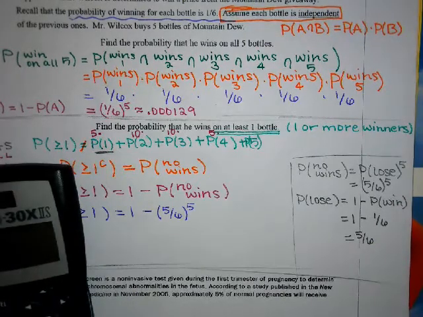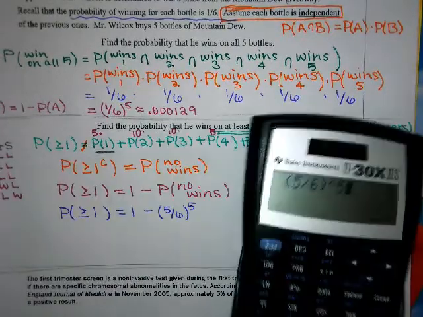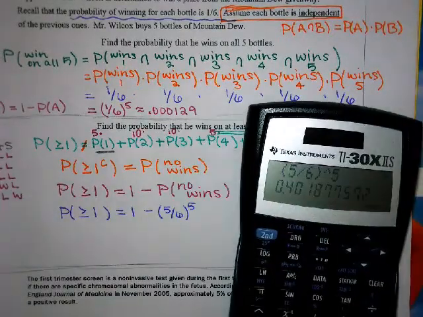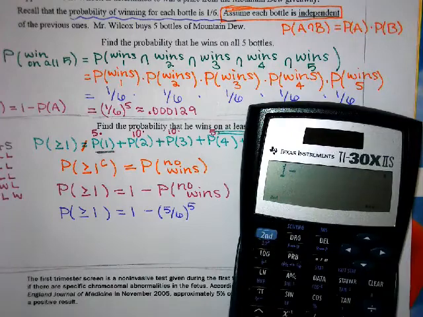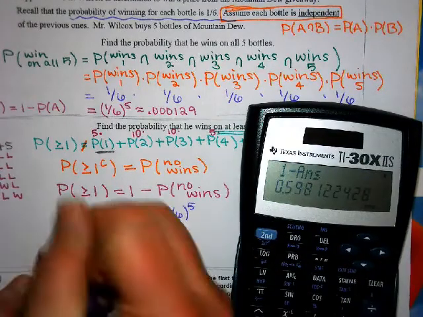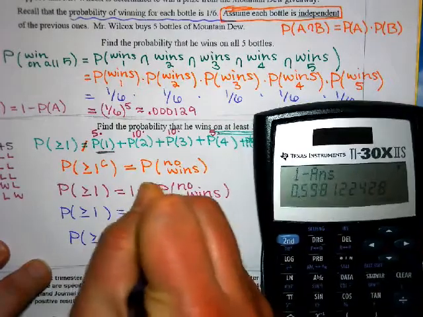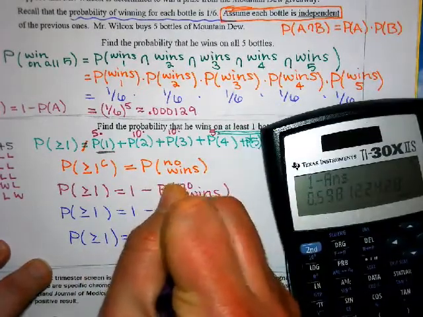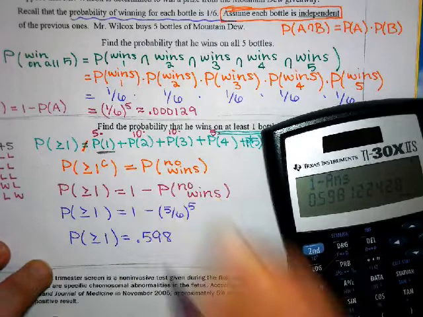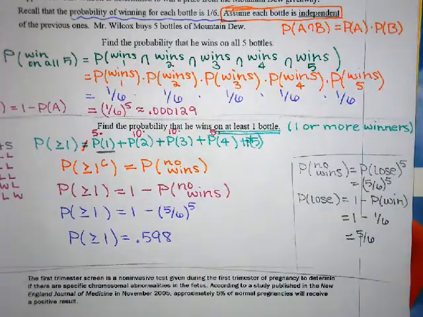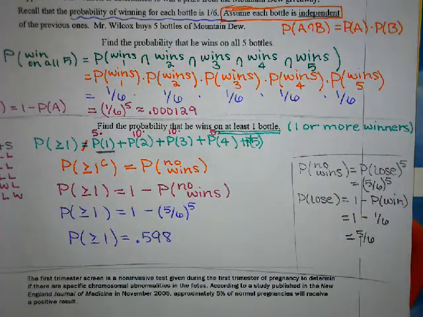Should probably put that where you can see it. And then 1 minus that. So the probability that he wins on at least one is 0.598, which is actually a pretty good probability. It's about 60%. Questions?